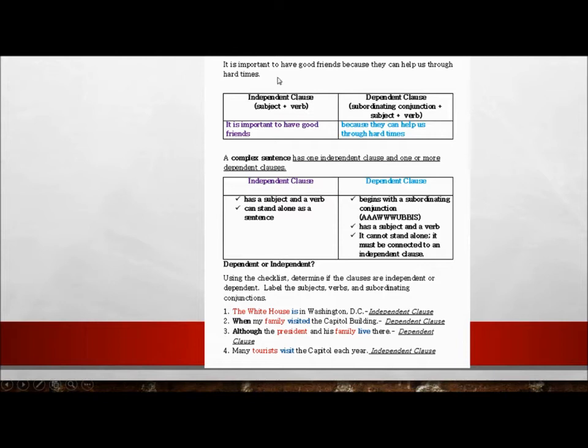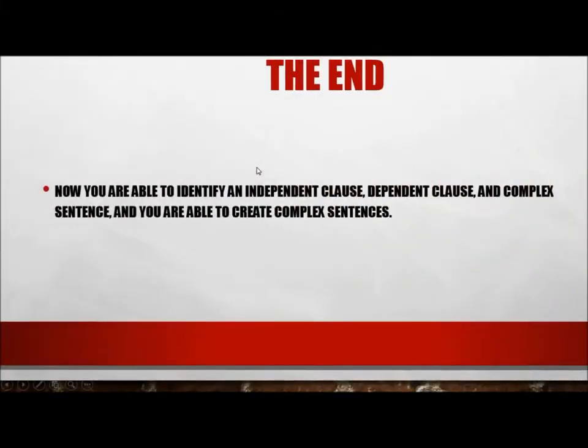And putting them together creates a complex sentence. So now you are able to identify an independent clause, dependent clause, and a complex sentence. And you are able to create a complex sentence.